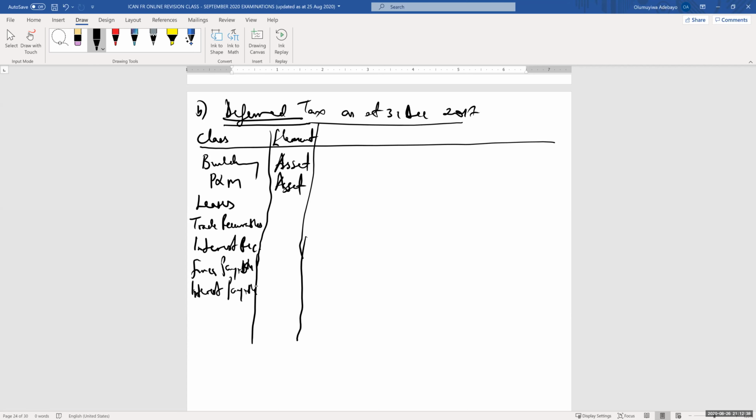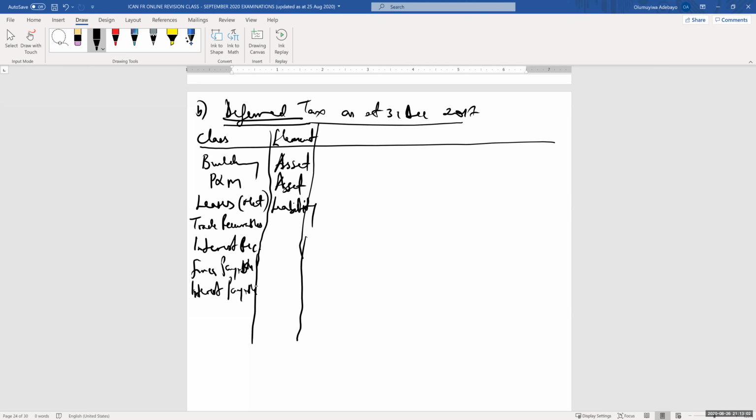If you check your balance sheet, the asset under finance lease was 200 carrying amount, while the lease obligation is 260. Which means if you net it up, net is a net liability. Is that right? Net liability of 60.